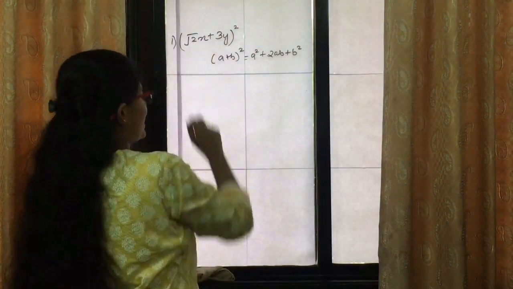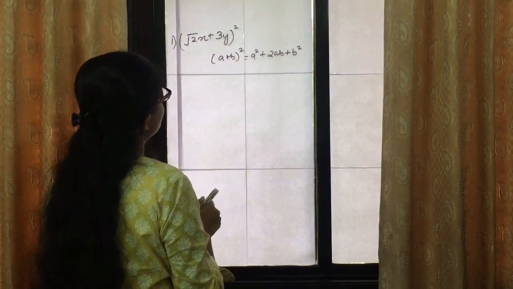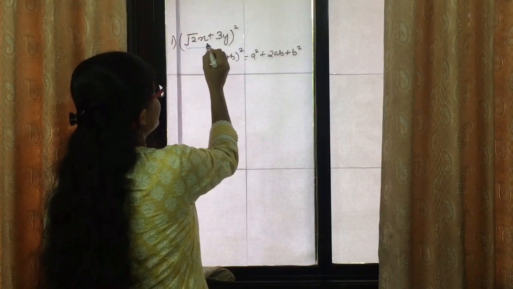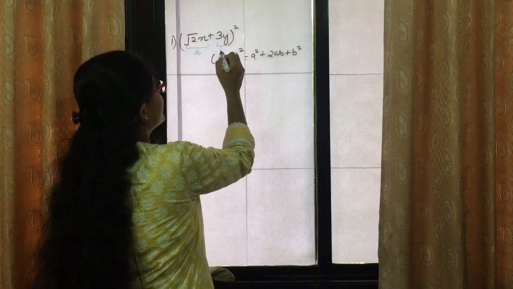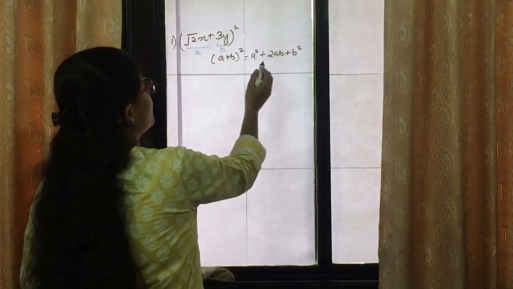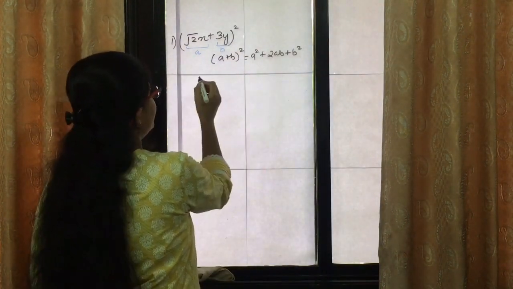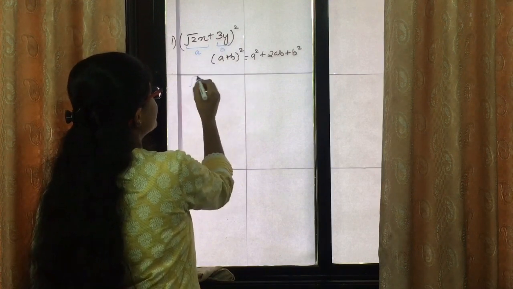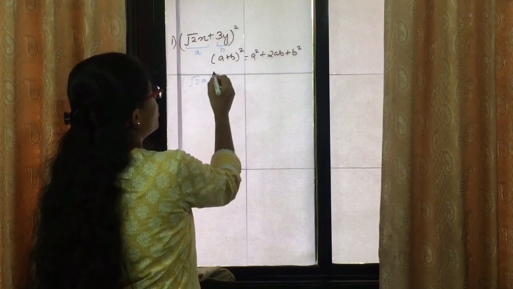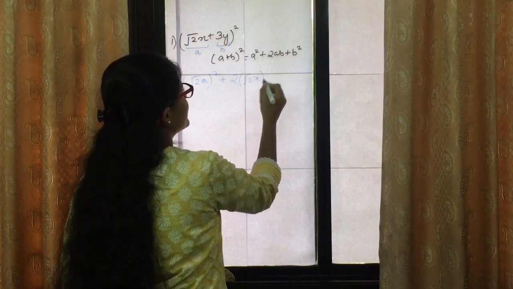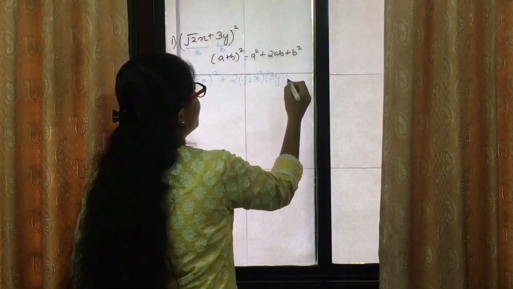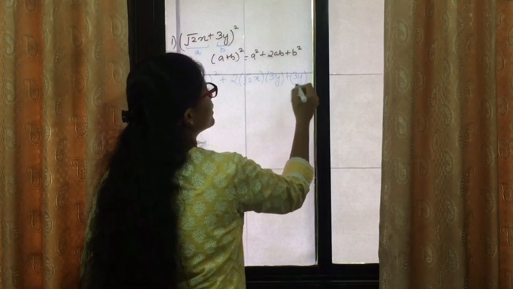If we use this identity, can we say this part, root 2x, is nothing but a, and 3y is nothing but b? So we will put it in this identity and expand it. It will be root 2x whole square plus 2 into a, which is root 2x, into b, which is 3y, plus (3y) whole square.